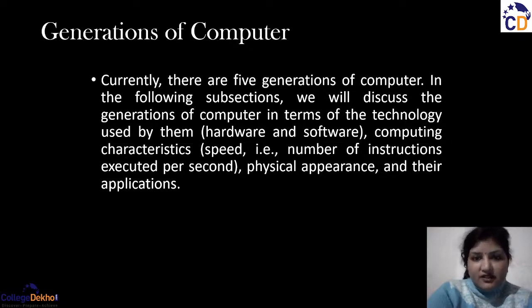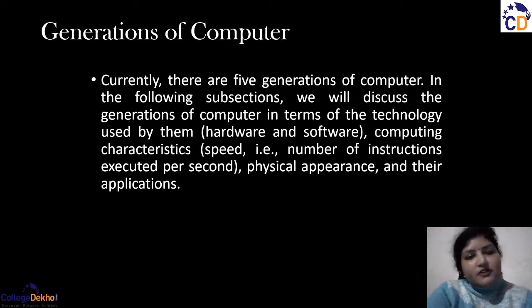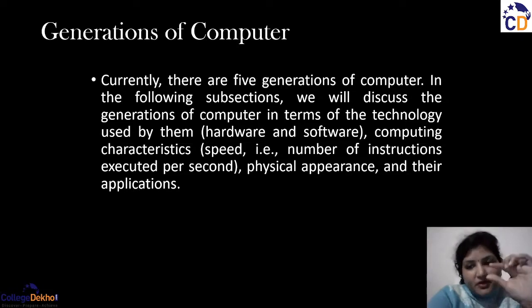We will discuss each generation in terms of the technology used, hardware and software, computing characteristics, what the speed is, the number of instructions executed per second, and physical appearance: big computers, big machines, and how we now have laptops. So this is how technology works, and how we had storage on a big system, and nowadays we are holding a chip that holds a huge space where you can store your data.